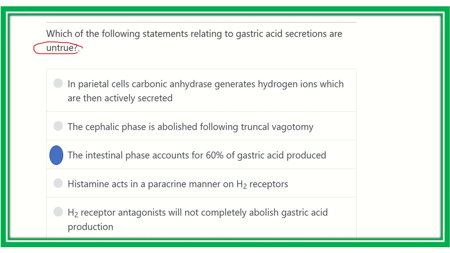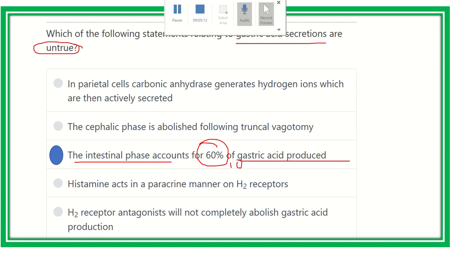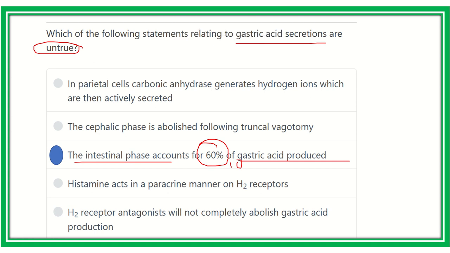Which is not true regarding gastric acid secretion? Among the options, the intestinal phase accounts for 60%, but it is known to us that it is not 60%, it is 10%. The other option, in the parietal cell, carbonic anhydrase generates hydrogen ions which are actively secreted.